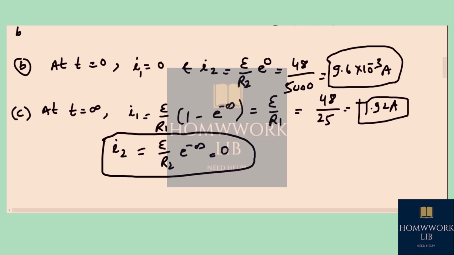In part D, we have to find the t for I1 to be equal to I2, equating both the equations.